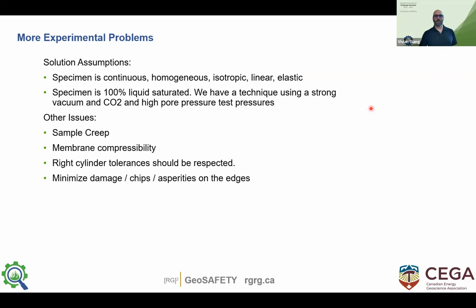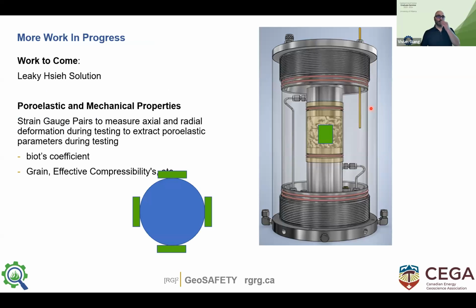But we do a pretty good evacuation, then flow through CO2, and then strong vacuum saturation. Other issues: sample creep, membrane compressibility, right cylinder tolerances, and you want to minimize any damage, such as chips and asperities.